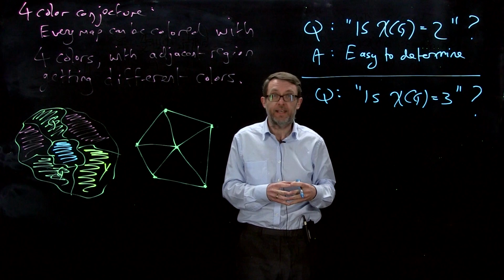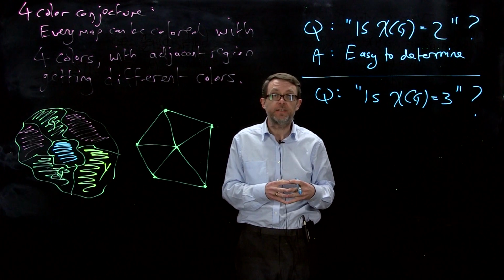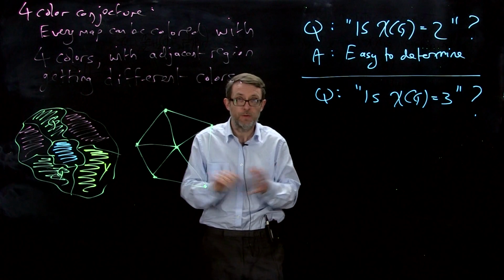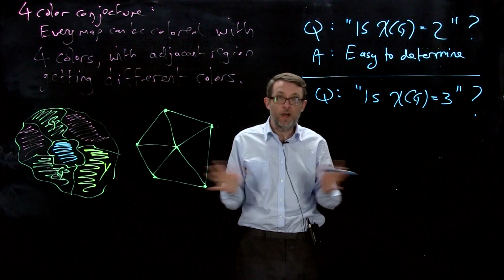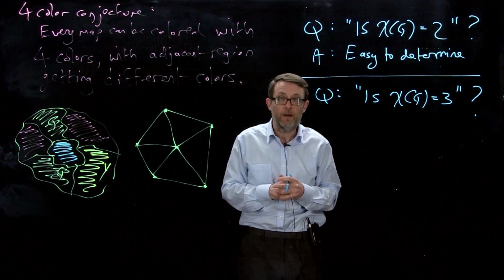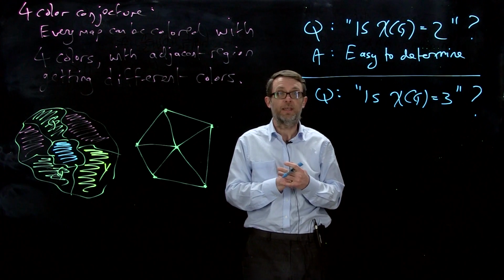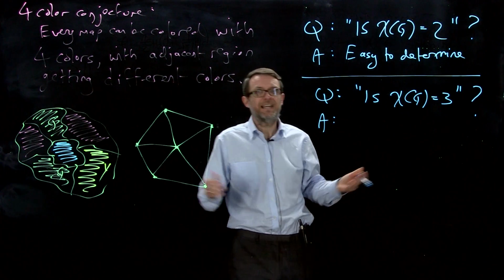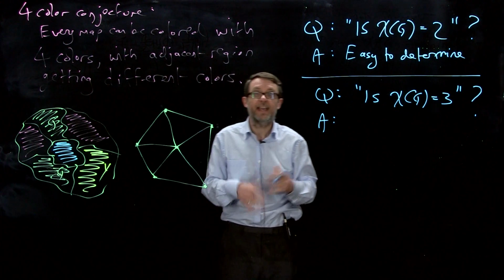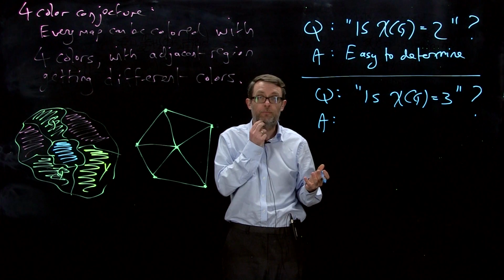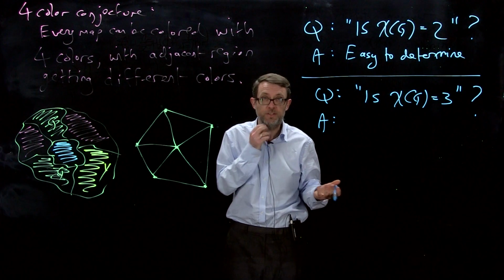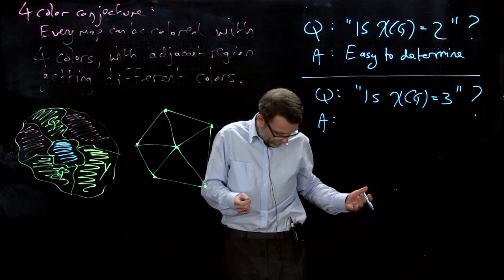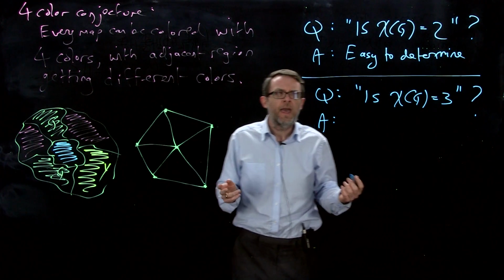And you can just check each of those partitions and see, does any of them work? If one of them works, yes, you have chromatic number at most 3, and then you can check, is it actually 2? If none of them work, then you know that the chromatic number is bigger than 3. But that, of course, is a ridiculous algorithm because it runs in exponential time in the number of vertices of the graph. So for a very large graph, it could take an extraordinarily long time to complete that algorithm.